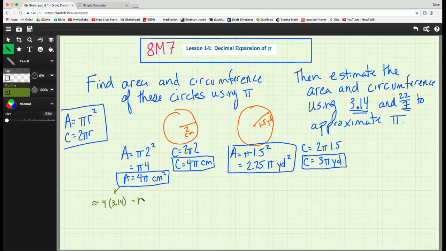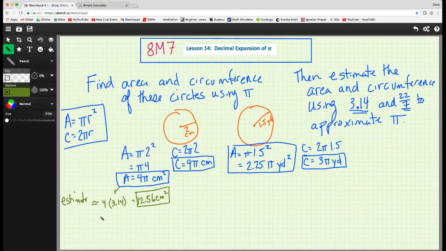So that's about 12.56 centimeters squared. So this is our estimate. These greens will be our estimate. Right? Pi is not exactly 3.14, it's about 3.14.